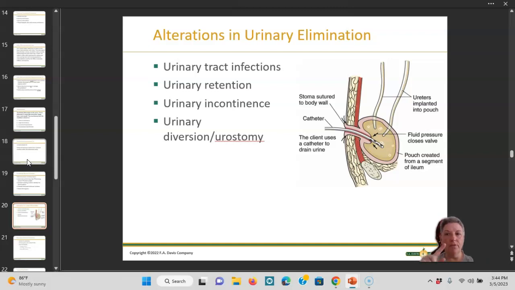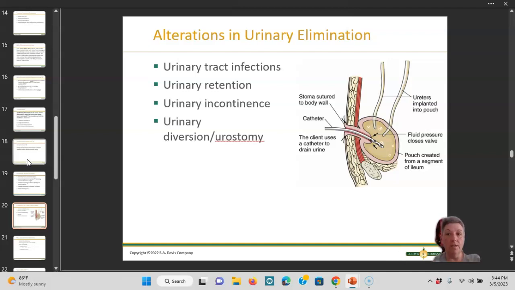The pouch is created from a segment of ileum, that's small intestine tissue, the beginning of the large intestine. And the fluid pressure closes the valve for us. So you go in with a catheter to get that urine out.